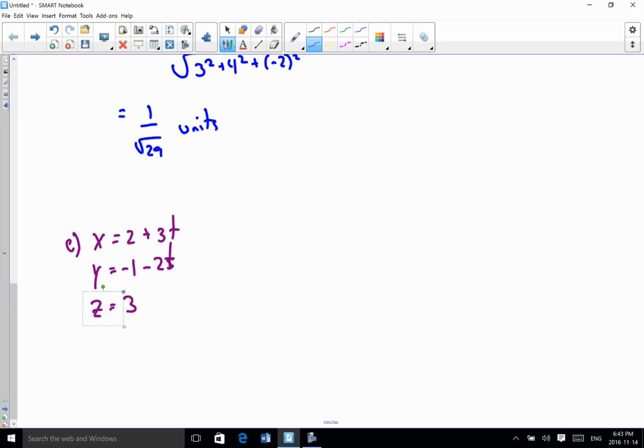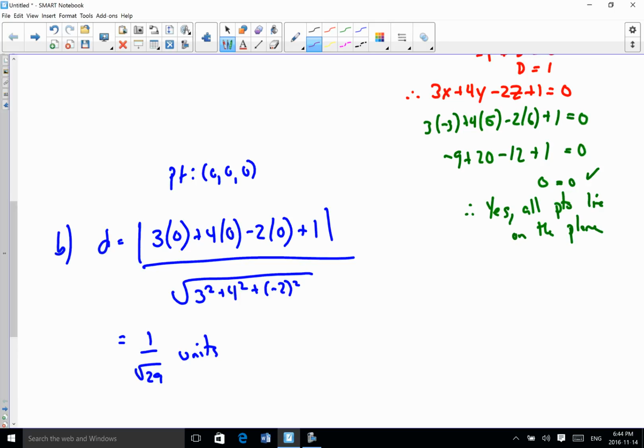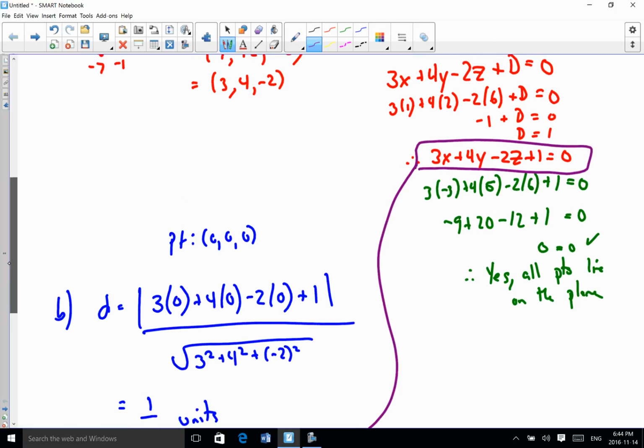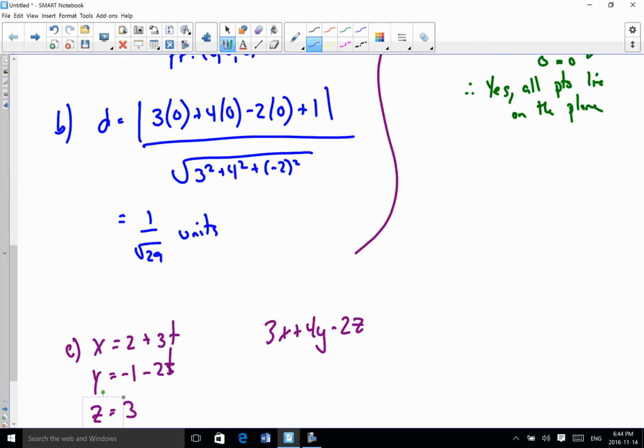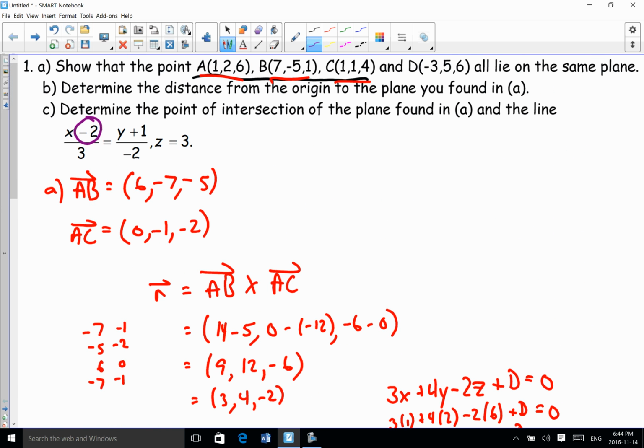Okay, so I've got parametric equations, and we have this Cartesian equation we found in part A. And so we're going to bring it down here. 3x plus 4y minus 2z plus 1 equals 0. So how do I know the point of intersection of this plane and this line?